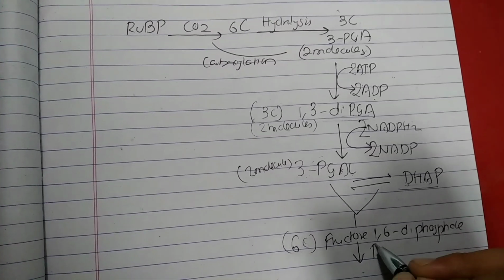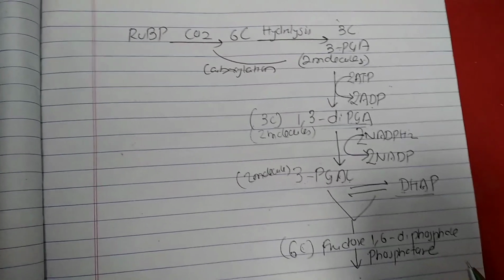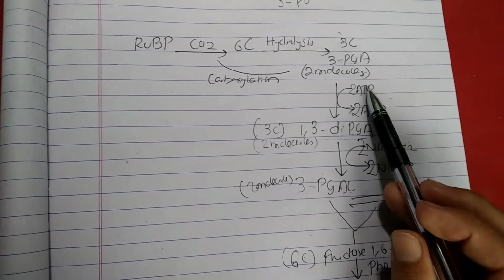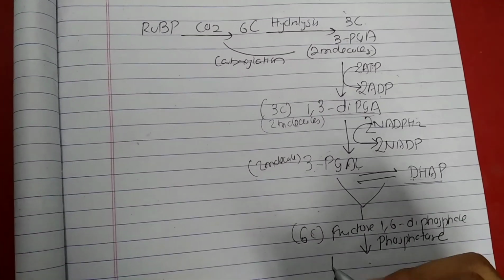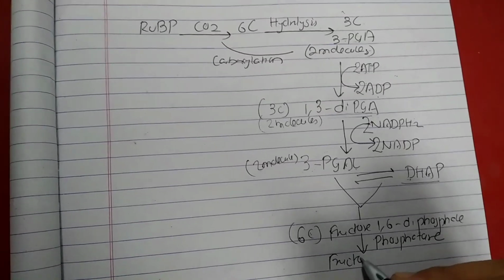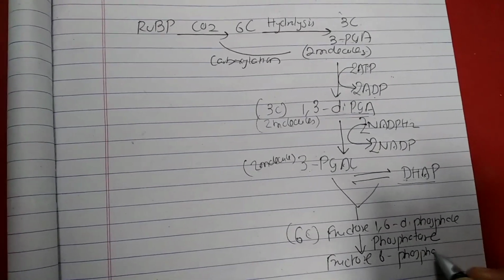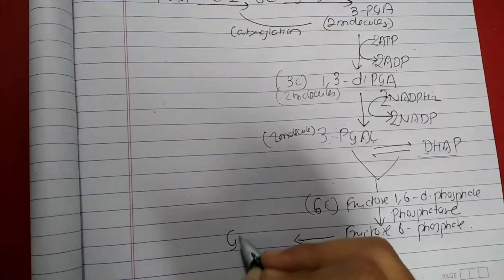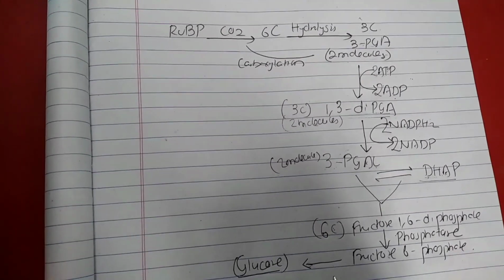To remove phosphate, we use the phosphatase enzyme. For adding phosphate we use ATP; for removing phosphate, you can remember phosphatase. So it will yield fructose 6-phosphate. Now this fructose 6-phosphate will be converted into glucose, which is the main need of the Calvin cycle.